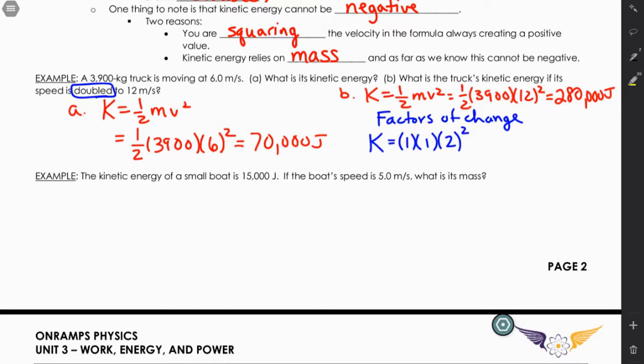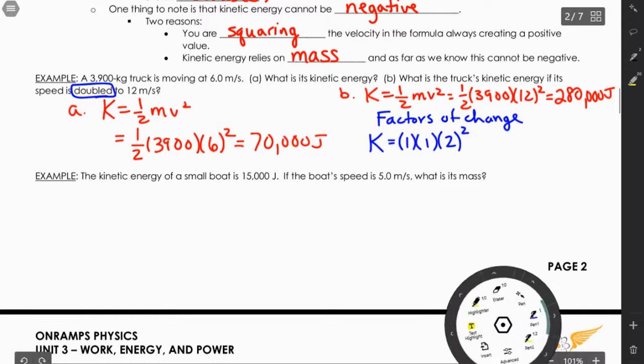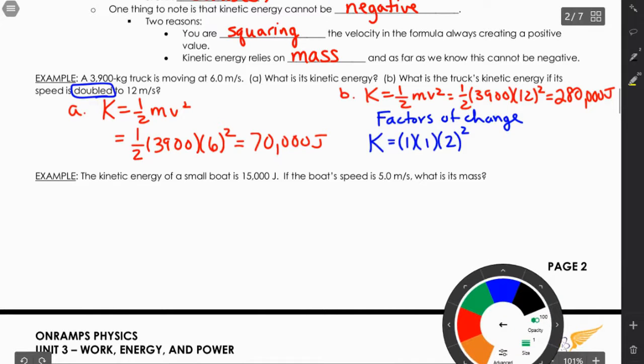And now something you'll notice is that here with the speed, it's speed squared, okay? And so what happens is when you square the speed, your kinetic energy becomes 4 times greater, okay? And so if 70,000 joules is our original kinetic energy, all we have to do is multiply that by 4, and we'll get the same answer of 280,000 joules, okay?